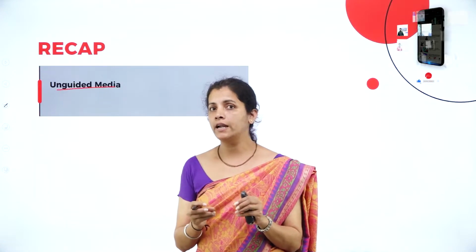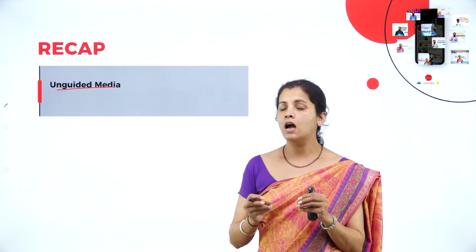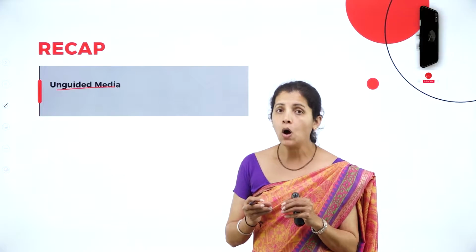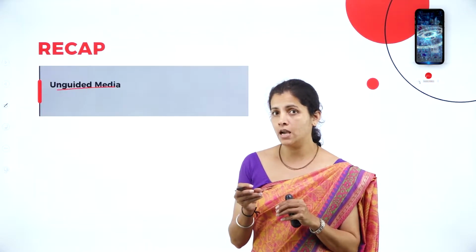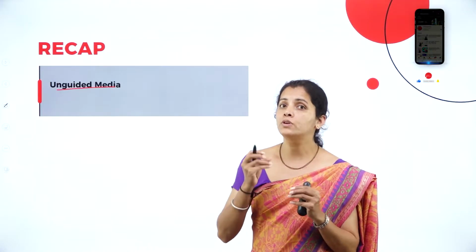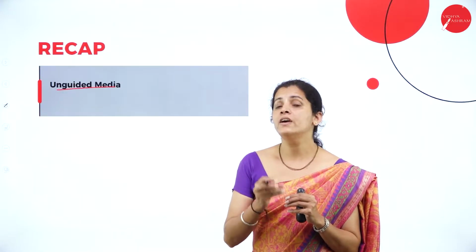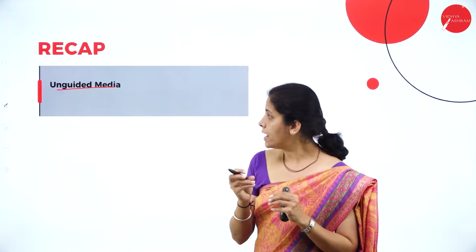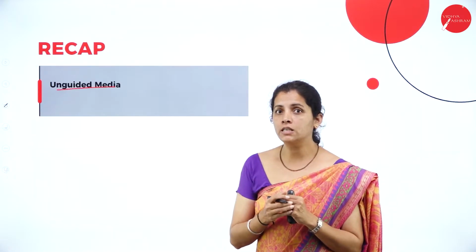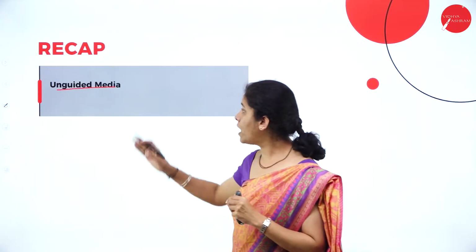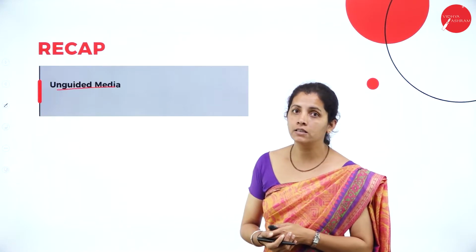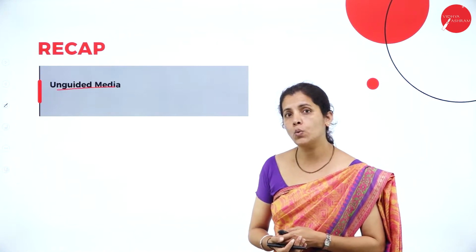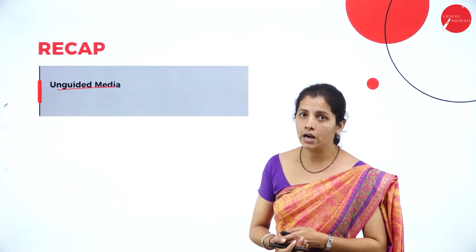So dear student, in my last session, I have discussed unguided media. So what is unguided media? That is unbounded media or wireless media, and how I'm going to transfer the data through the free space or through the air. And I also discussed the three types of unguided media, that is radio wave, microwave, and infrared.